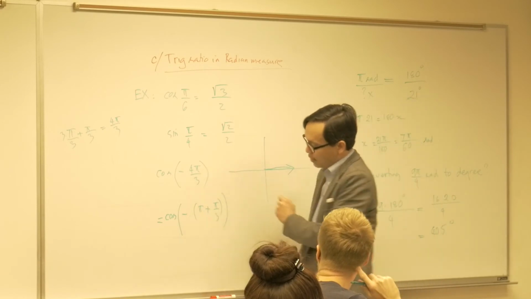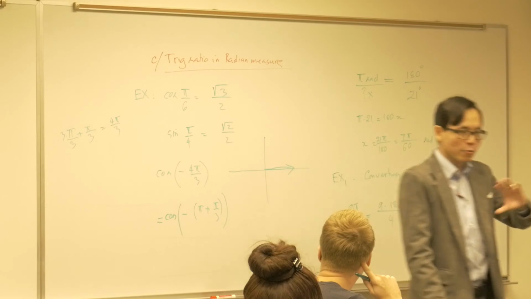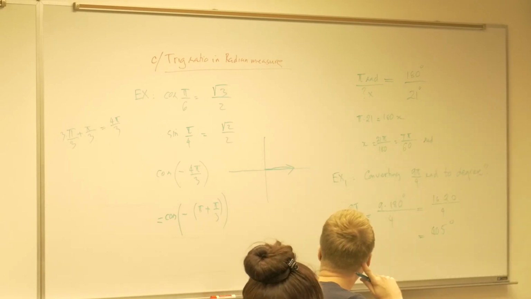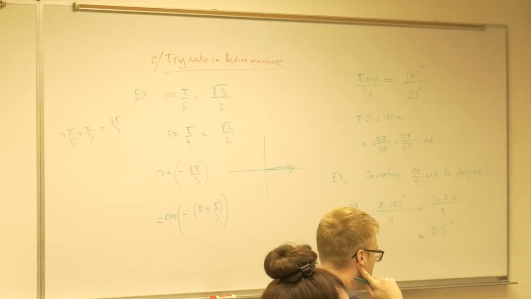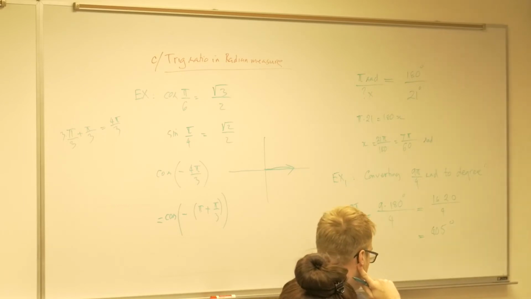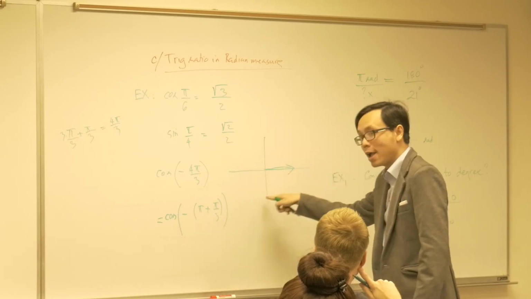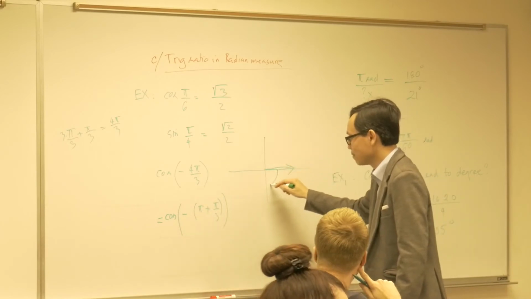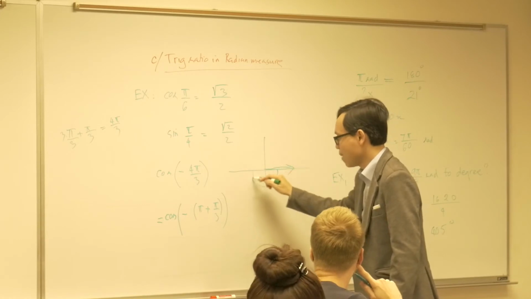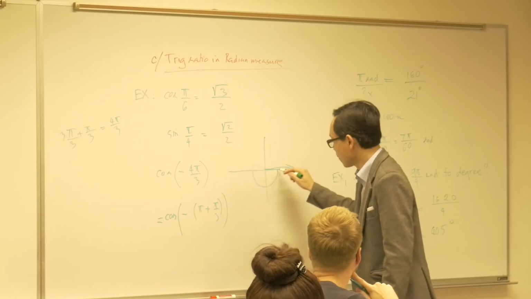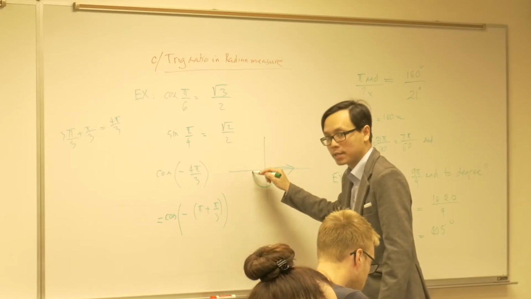So 4 pi over 3 is pi plus pi over 3, and for pi, we go half of the circle. But this is negative, so we go the other way. So we stop over here, which gives you pi, half of the circle.